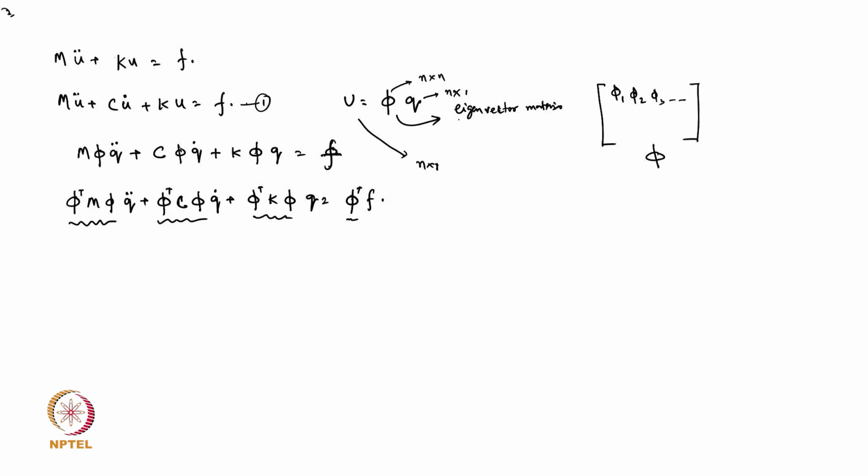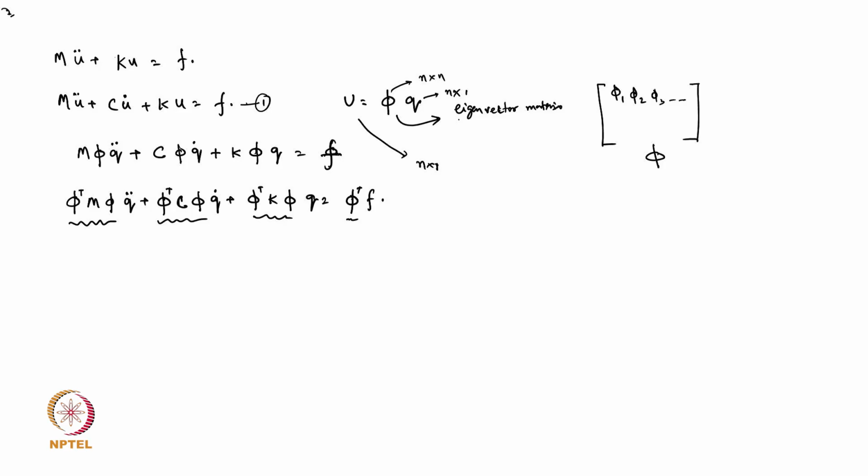We were discussing in the last class that your M matrix was a diagonal matrix, and K matrix is a populated matrix. Now your aim is to go to such a system where your M star and K star matrix will both become diagonal.